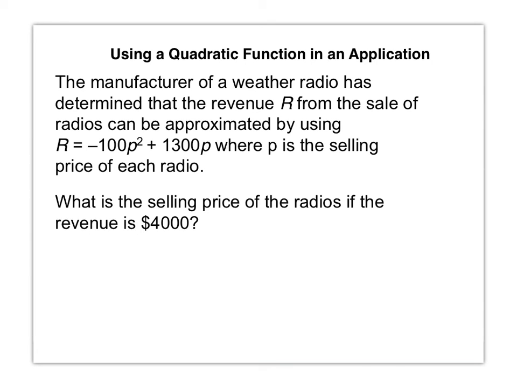So let's take our equation, and the fact that we want to know what the selling price is, we want to find p when the revenue is 4,000. Well, the revenue is the R value, which is 4,000.